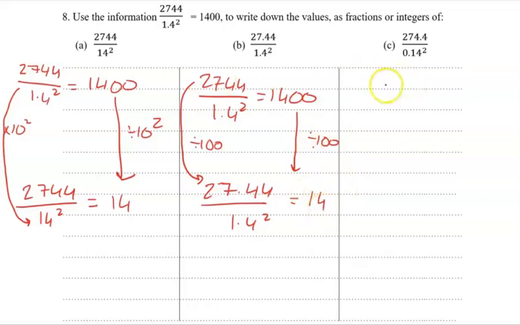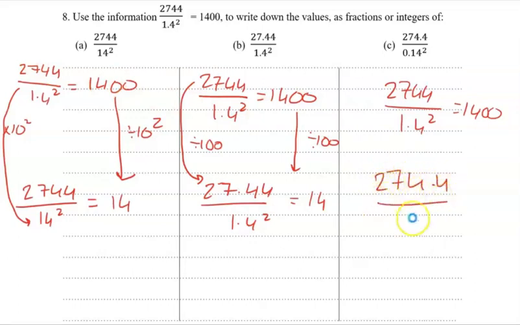Now the next one, you have 2,744 over 1.4 squared. And then 274.4 over 0.14 squared. Now we're dividing the numerator by 10 and the denominator is being divided by 10 as well, but we have to write 10 squared.